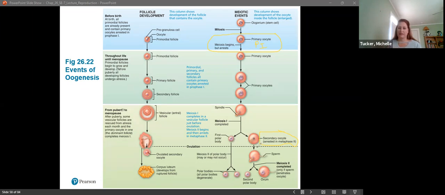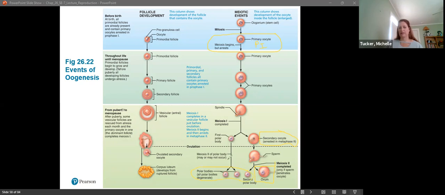Then if it gets fertilized and completes meiosis 2, a second polar body is produced. So in the female, we produce one ovum and then 3 polar bodies.